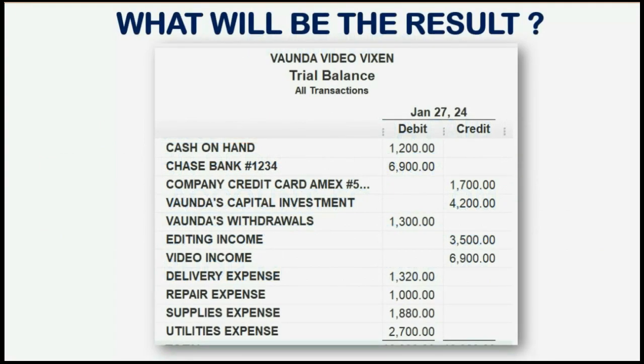Well, what will be the result in the trial balance when she pays $300 more for repairs from her own personal pocket? Well, the company has $300 more in repair expense, so repair expense will increase to $1,300.